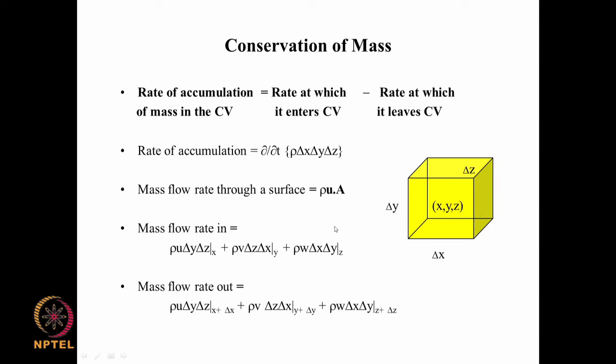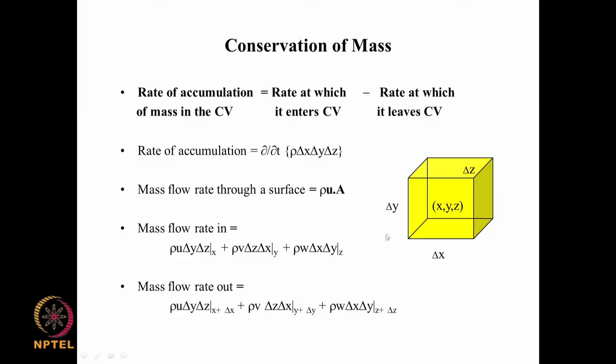If the velocity is at an angle to this, then less flow is entering, and if the velocity is parallel to this face, then it cannot be entering the control volume. So that is why we take a dot product between the outward normal vector of the face, which is A here, and the velocity, which has a certain orientation.